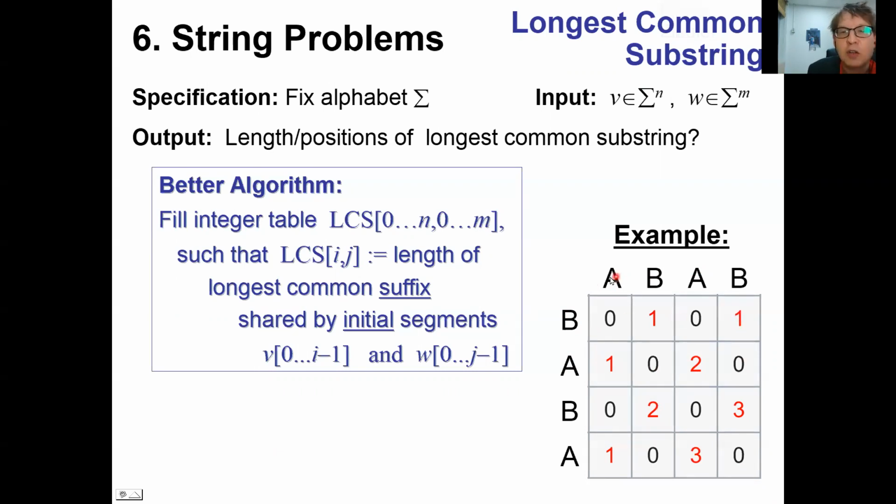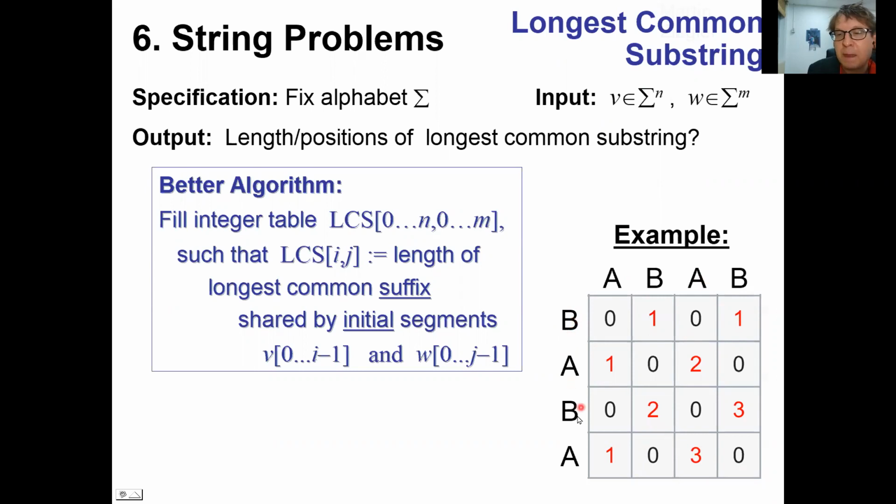This means consider the initial segment ABAB, which is actually the whole string, and the initial segment B, which is just the first character, and look at the longest common suffix. The longest common suffix is B, has length 1, and therefore the entry is 1. Here the entry is 0 because ABA and B do have a common substring, B, but they do not have a common suffix. This one ends in A, this one ends in B.